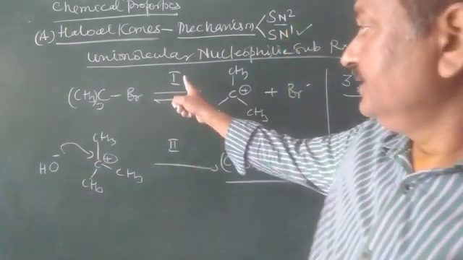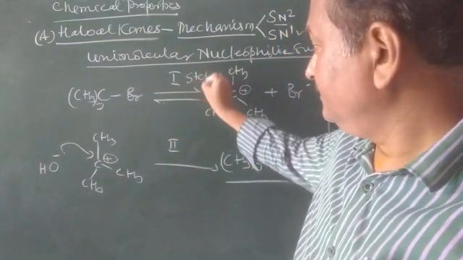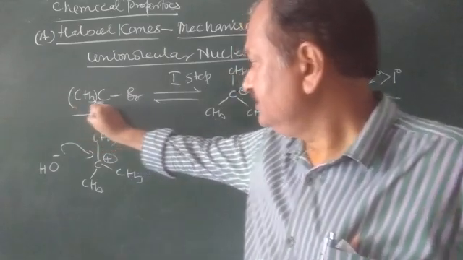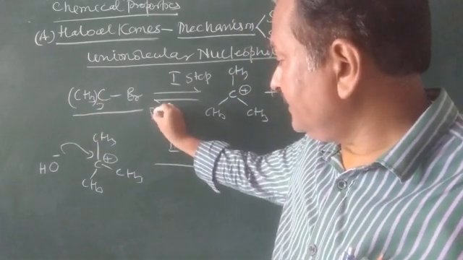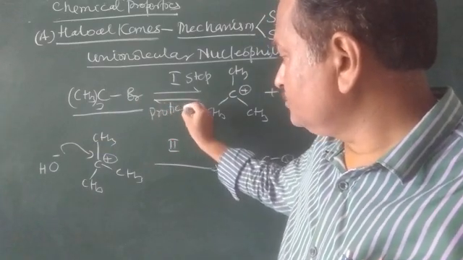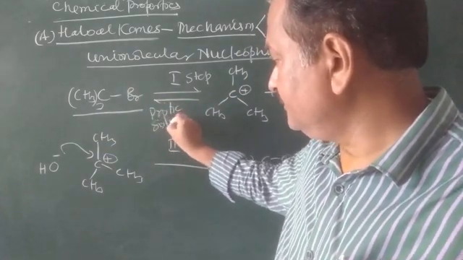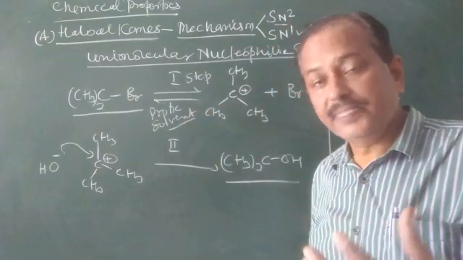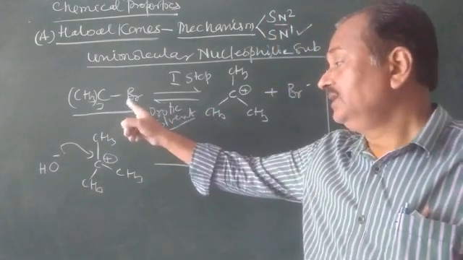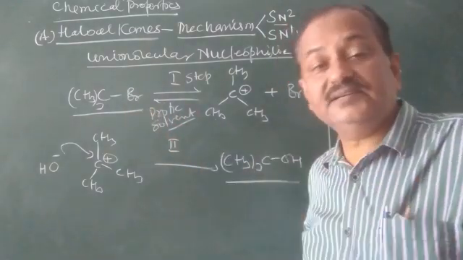So first step, here there is the tertiary haloalkane, and this takes place in protic solvent like alcohol or dilute acid. So it undergoes a different mechanism.